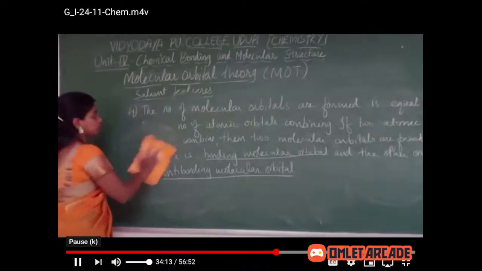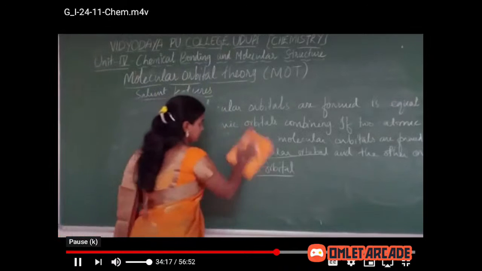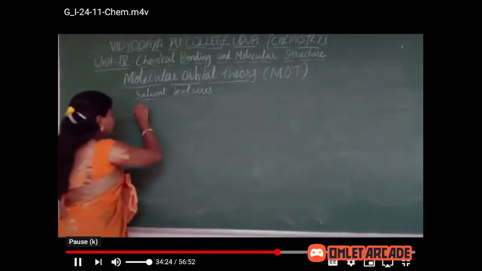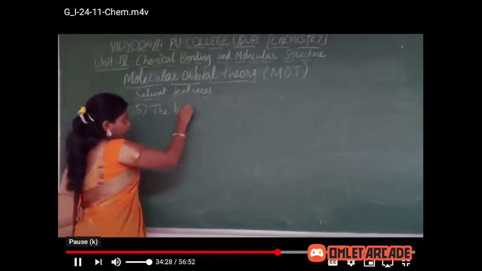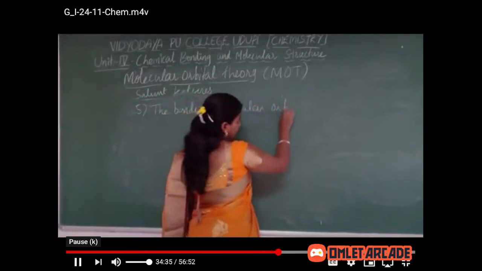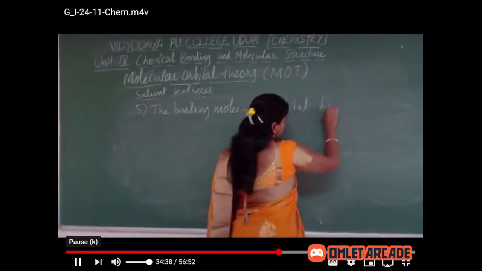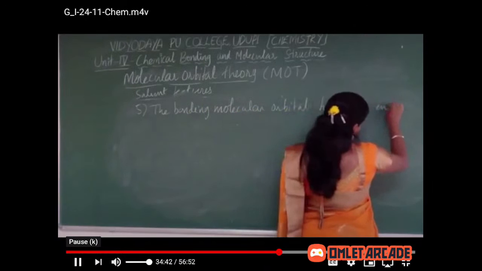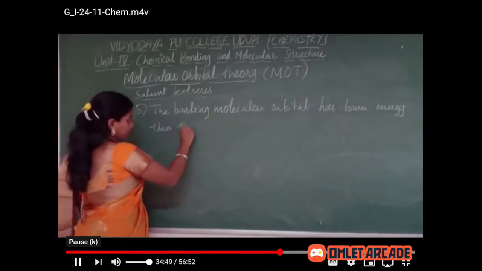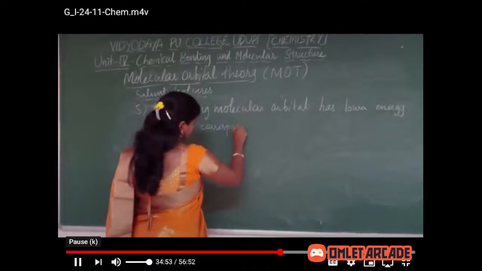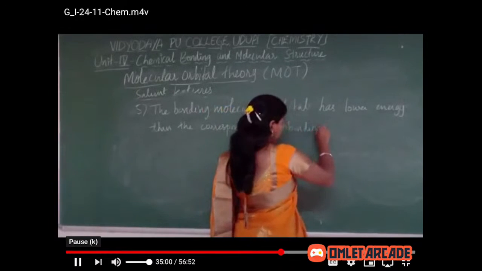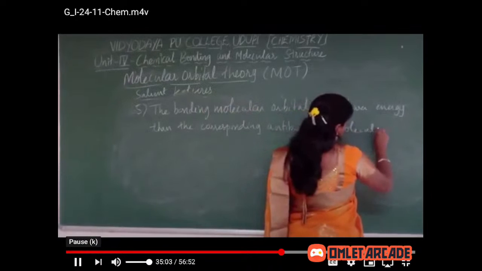Next one. Fifth one. The bonding molecular orbital has lower energy than the corresponding anti-bonding molecular orbital.